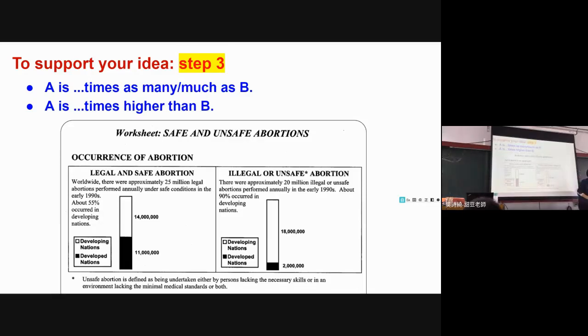So now the challenge is to use the sentence to talk about the information right over here, picking up the information that you think can be applied to the sentence pattern. Now, go. 'As many times as' or '3 times higher than.' These talk about numbers and figures that are double or triple or how many times, so that you can support your idea of compare and contrast.